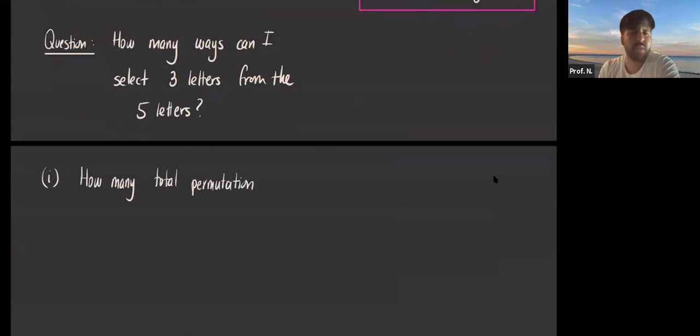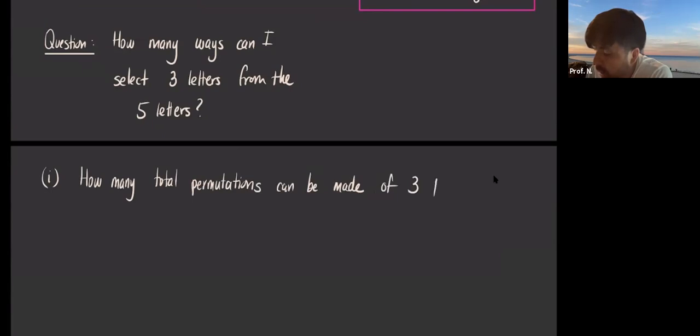We're talking about combinations. So why are we talking about permutations? Well, we have to learn permutations first to know combinations, because combinations are built upon permutations. So how many total permutations can be made of 3 letters from the 5 letters?